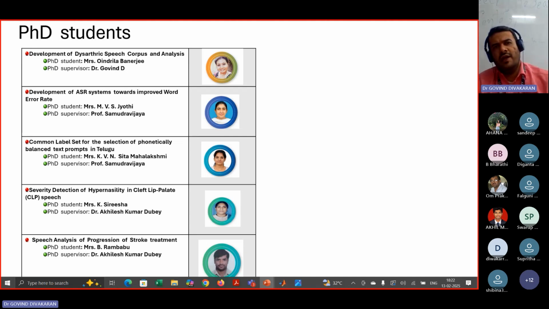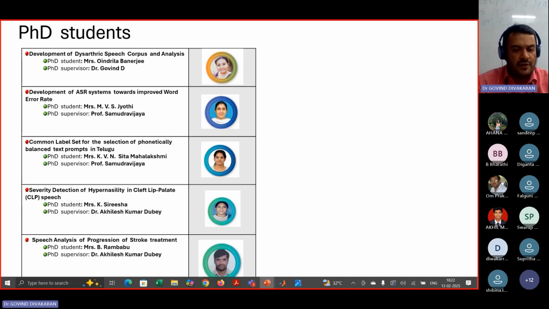So she is also planning to extend the work she has done for CLP to this stroke case as well. And Ram Babu recently joined us for PhD.